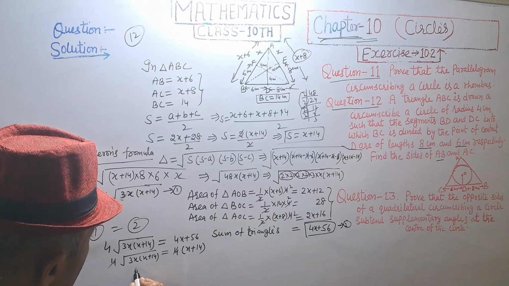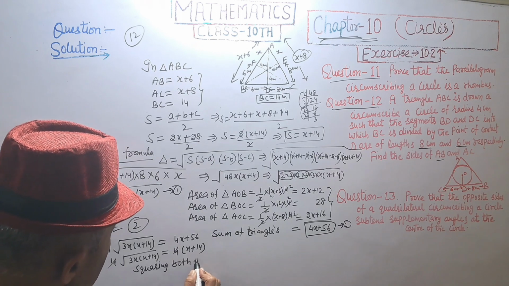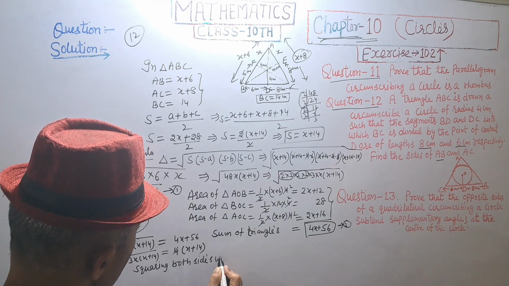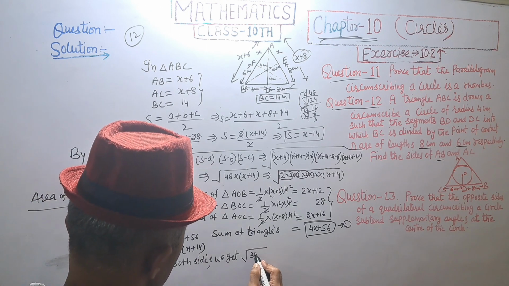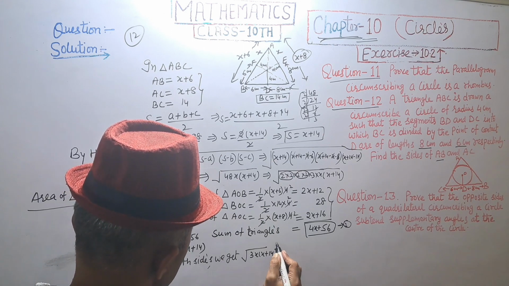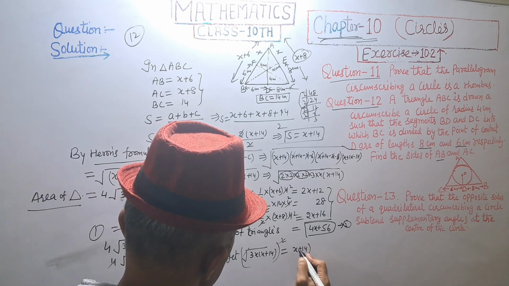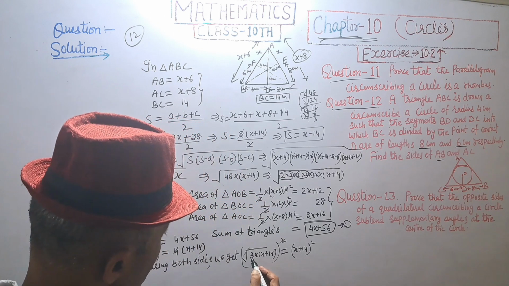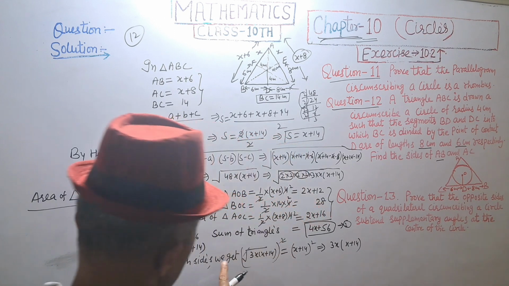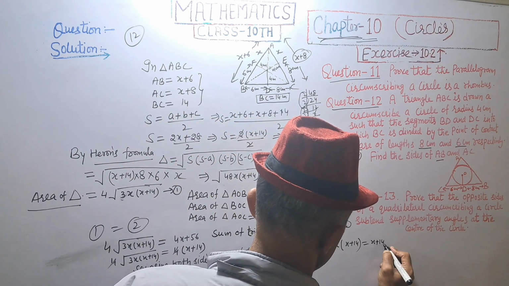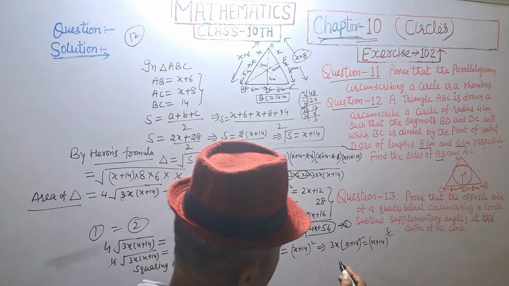Squaring both sides, we get 3x into x plus 14, the square root is cancelled, and x plus 14 raised to power 2. The power is cancelled and x plus 14 is also cancelled.